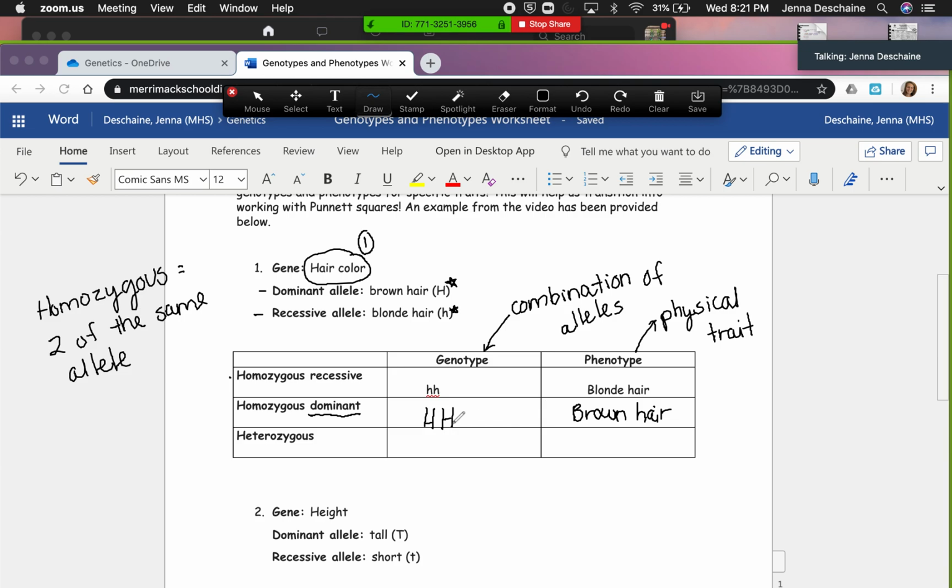Okay, so let's move on to the very last one, which is heterozygous. Heterozygous is two different alleles. Clearly, I don't know how to spell.